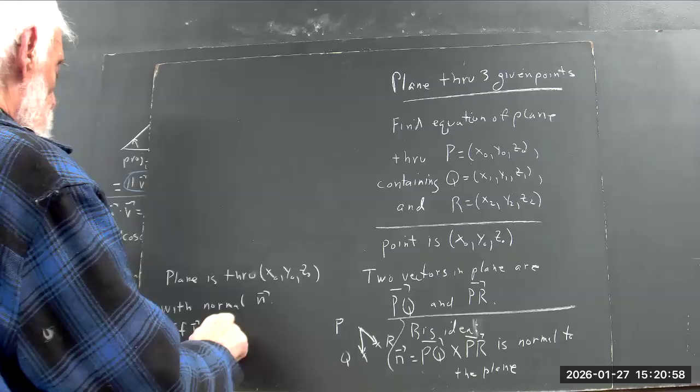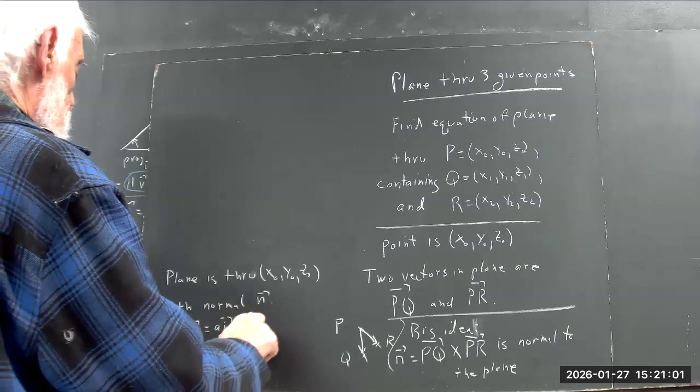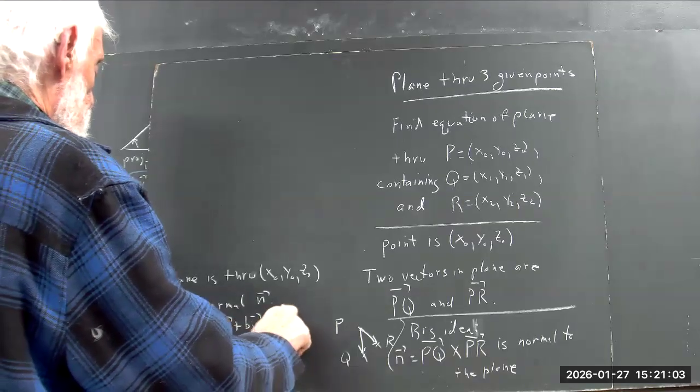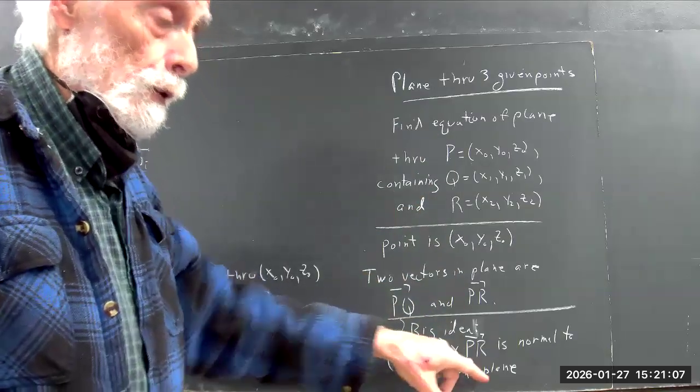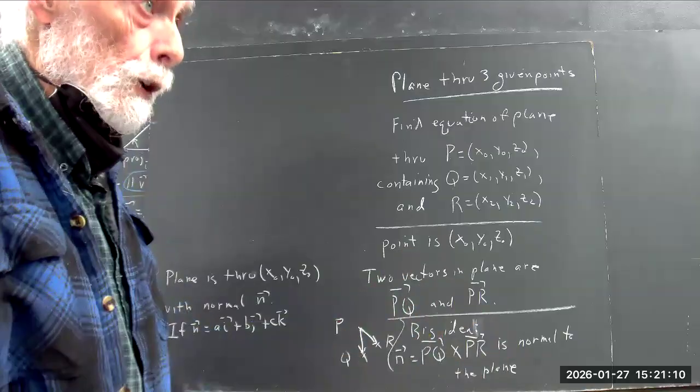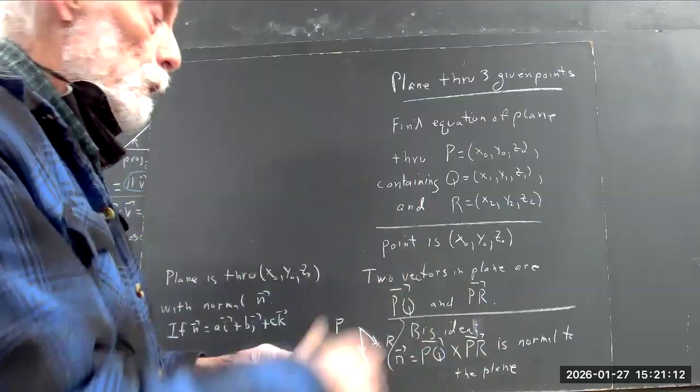If n equals ai plus bj plus ck, and if you have numbers for all these things, you can find the vector PQ and the vector PR, and then you can take the cross product, by the right-hand rule and so forth.